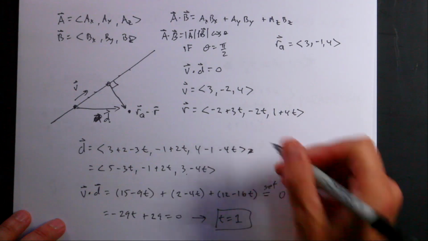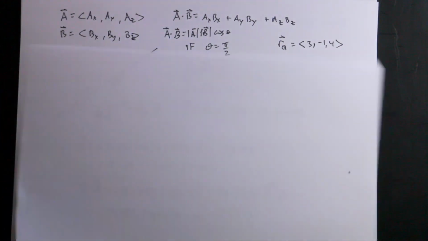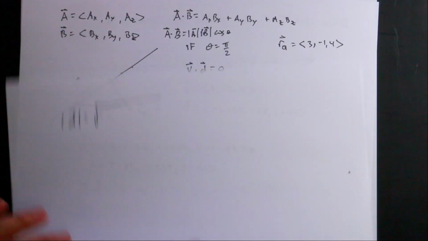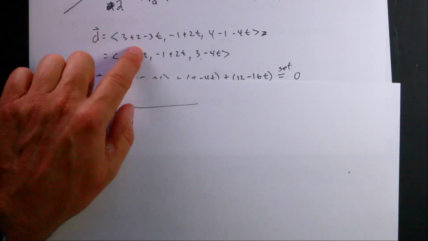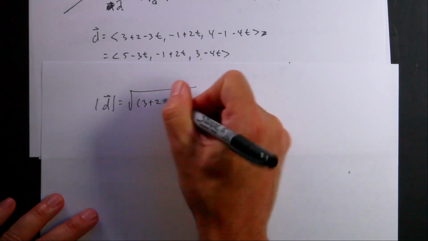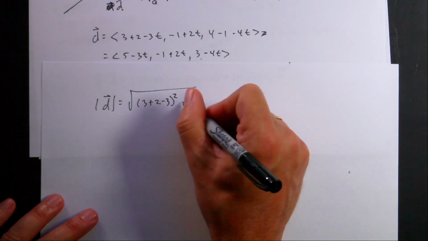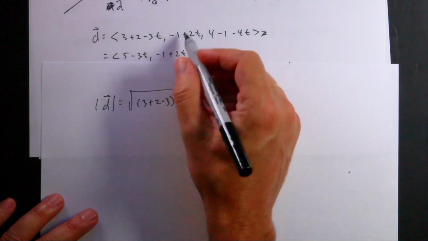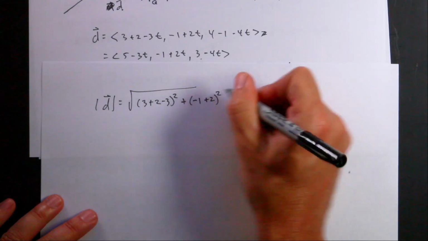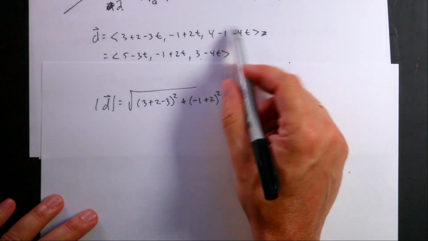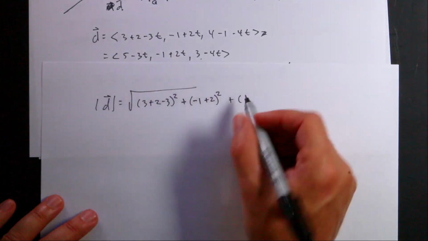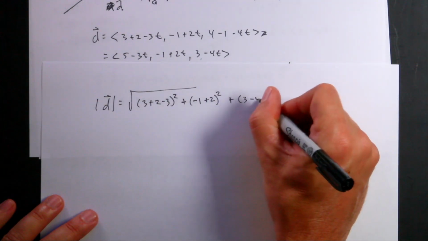So now once I know that t is equal to 1, I can just plug t equals 1 into this vector and find the magnitude of it. So the magnitude of d is equal to the square root of this component squared, and t is 1, so I'm going to put 3 plus 2 minus 3 squared, plus this component squared, which is going to be negative 1 plus 2 squared, plus this term squared, which is going to be 3 minus 4 squared.